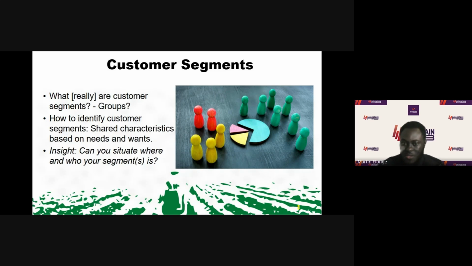Like we see in the picture, we have the green, the yellow, the red, and they are probably grouped according to colors and other things. Maybe if we do some metric measurements, some are a little fatter than others, some are taller by a little inch. So these are all characteristics used to identify different things and group them within different segments of the population.